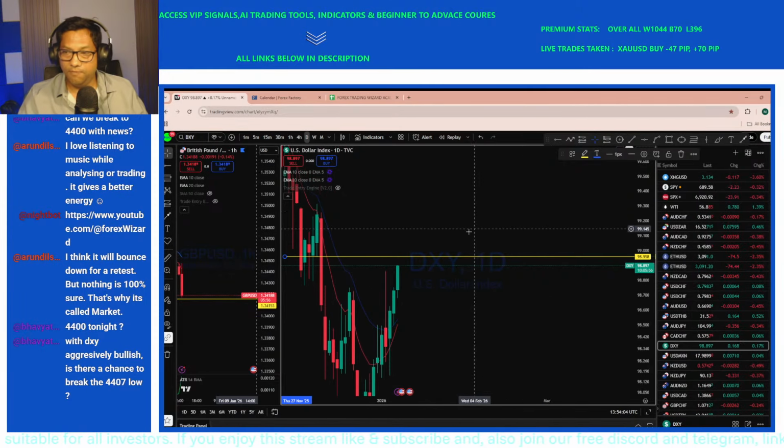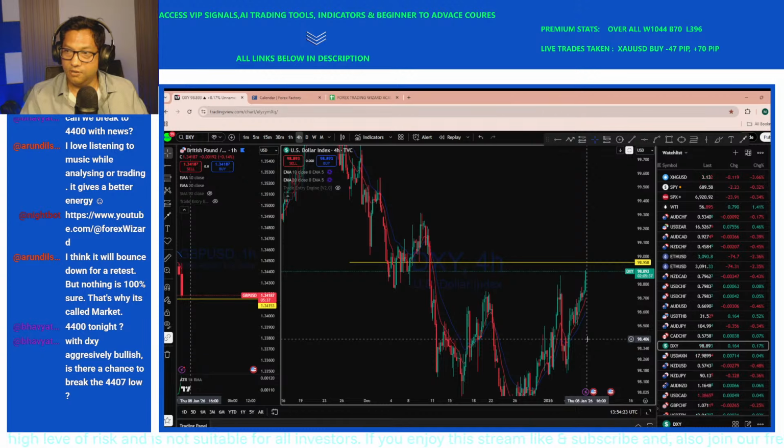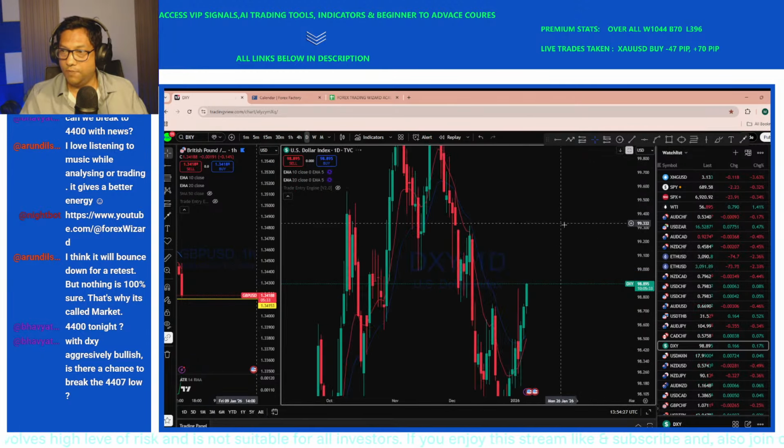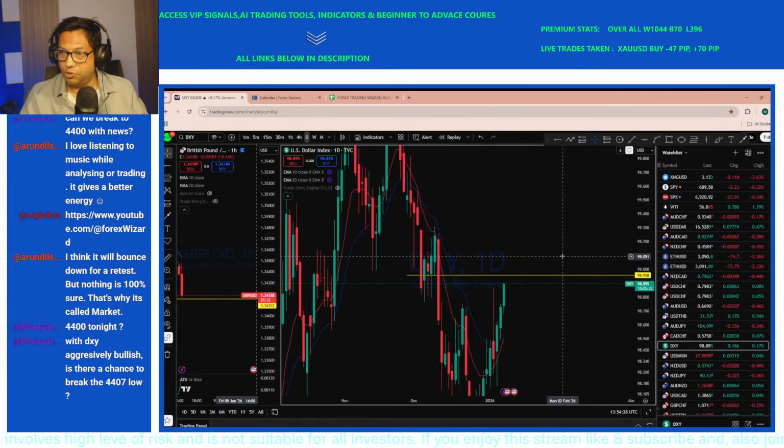Now looking at the weekly, the market has reached a zone where there is potential for rejection. I wouldn't say it's rejecting yet, but there's a possibility, okay, because it's approaching this swing, this important support-turned-resistance here on DXY.